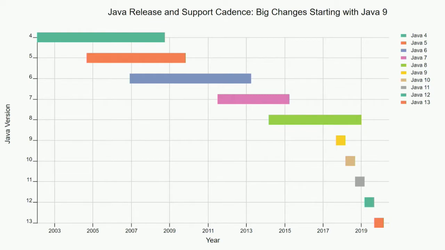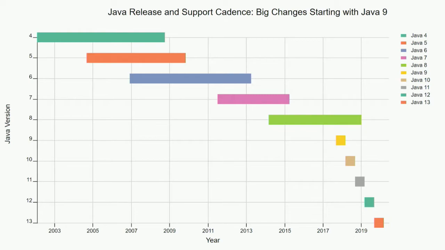This is the period through which Oracle was supporting that version of Java publicly, so anyone can get these patches and updates and keep their runtime secure and reliable. In the case of Java 4 that was about 7 years, 6 years for Java 5, 7 or so years here, and 5 years for Java 7.